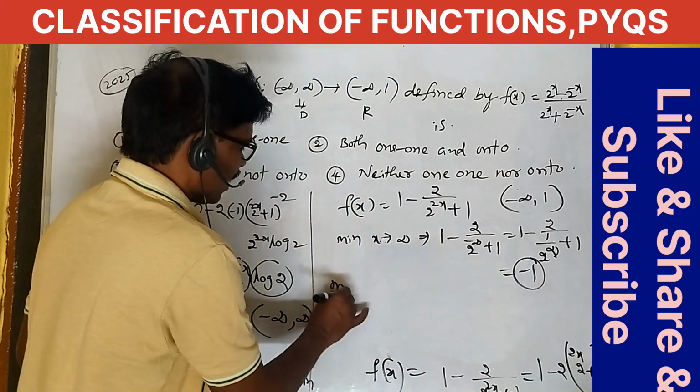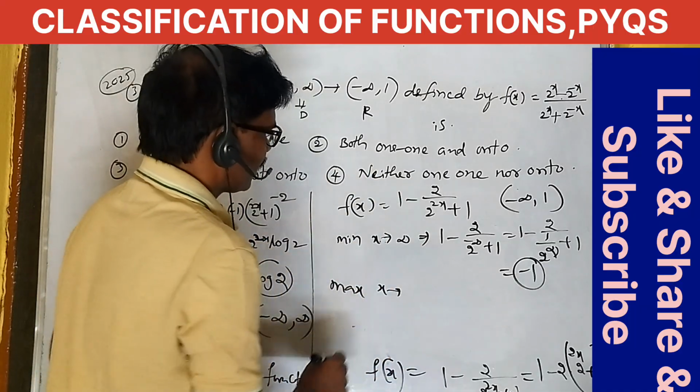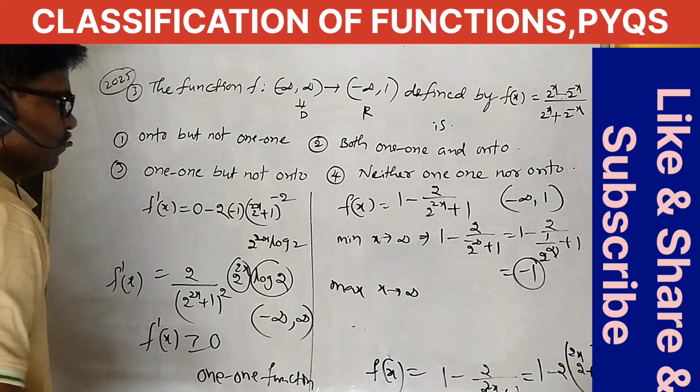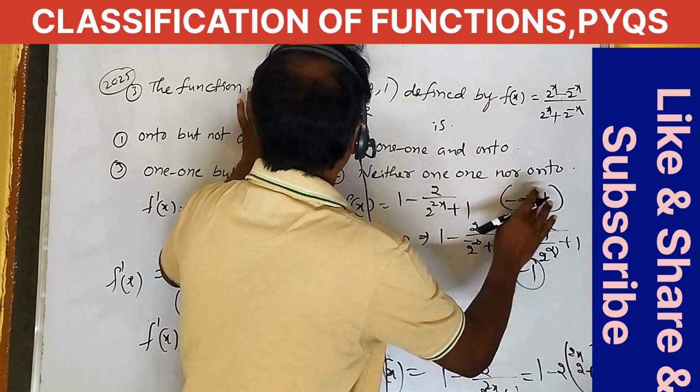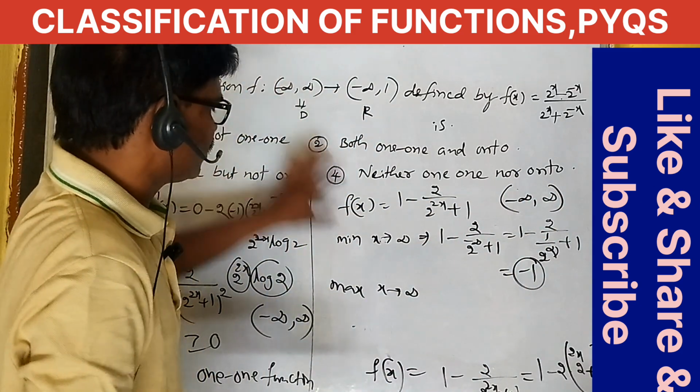What is the maximum value? The maximum value is at x tends to plus infinity. For minimum and maximum values, you have to check from minus infinity to plus infinity, and check the domain.